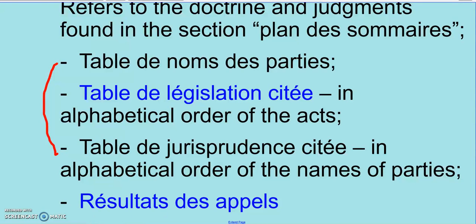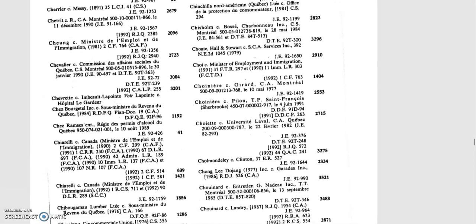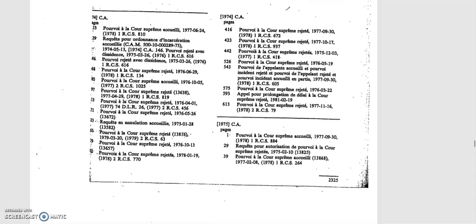Okay, so for instance, I have table de jurisprudence citée, still, and then results in appeal. So this is an excerpt from your Annuaire 1992, as I told you previously. So here in 1992, I have all the results ever since 1974.